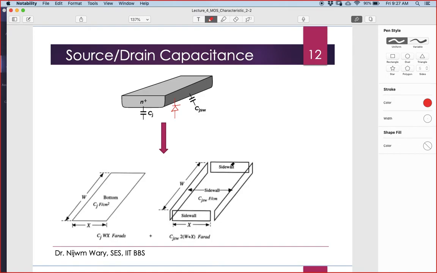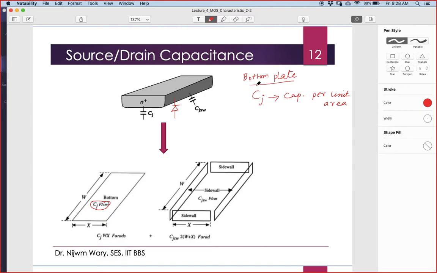For the bottom plate there is this term called CJ, which means the capacitance per unit area, in farad per centimeter square.